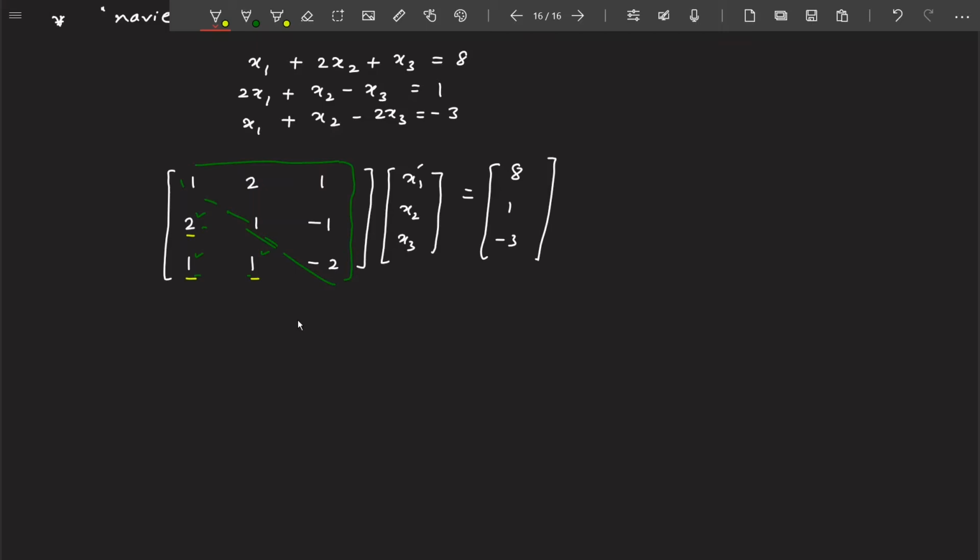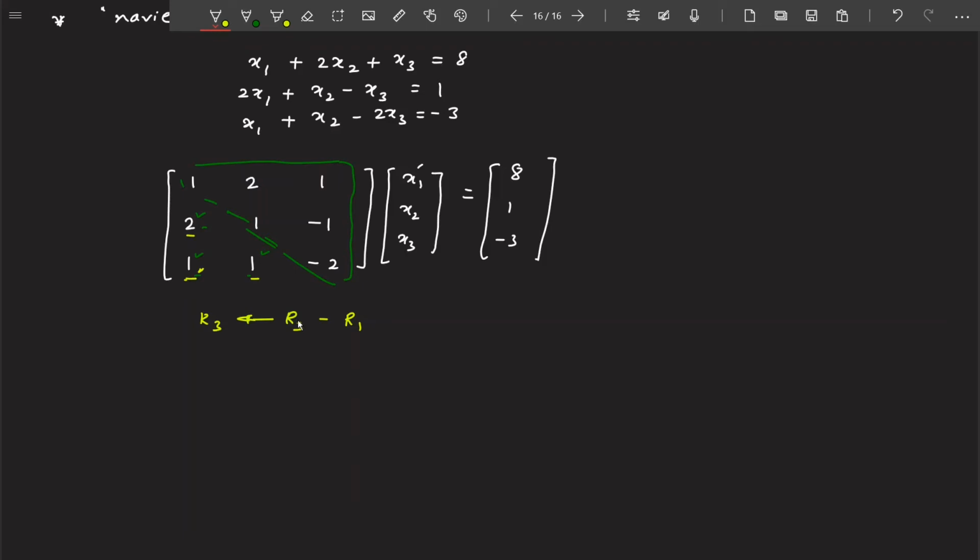by adding or subtracting some value, adding one row or subtracting one row from another row. So let's focus on this element now. I want to make this 1 as 0. To make this 1 as 0, I'm going to subtract R1 from R3, and I'm going to replace R3 with this value.